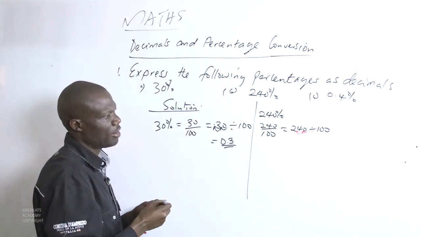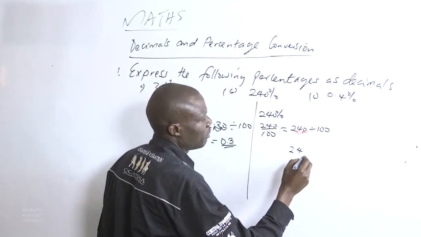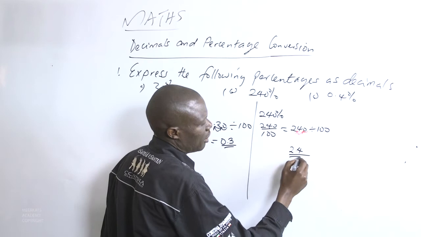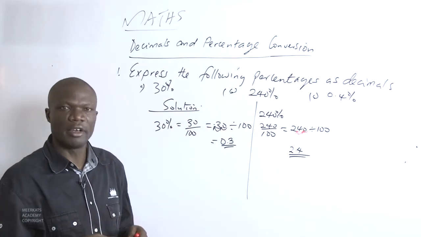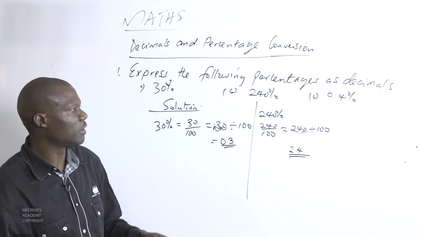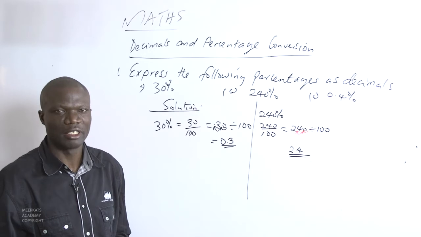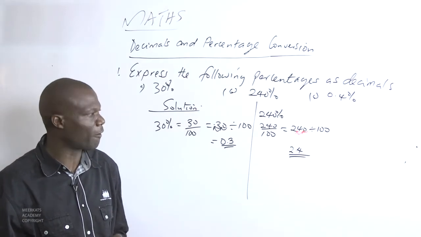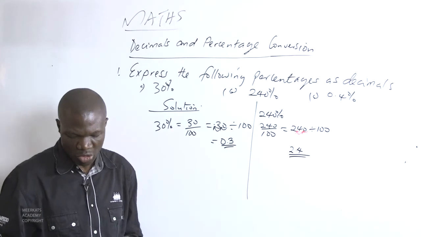So you'll find that your answer as a decimal is 2.4. So to convert 240% into a decimal, you simply need to divide, and that's what we get, 2.4.